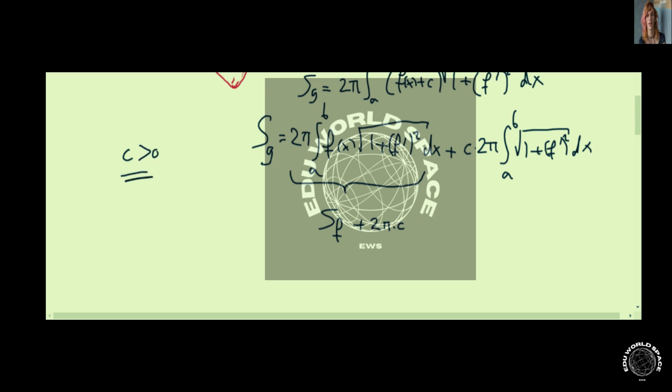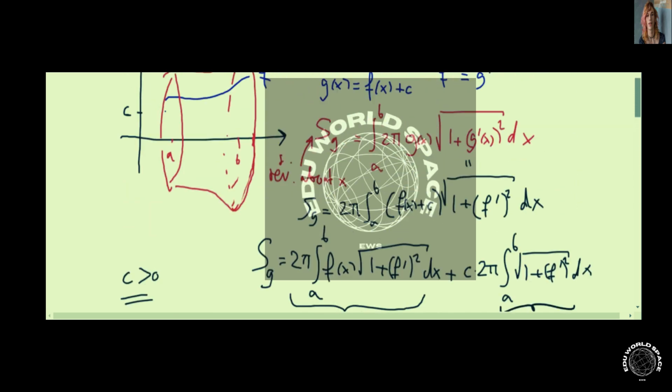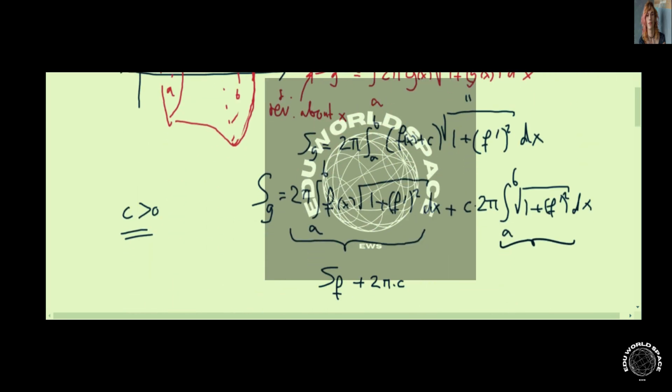This term over here is the length of the curve L, which is the integral from a up to b of the square root of 1 plus f prime squared dx.